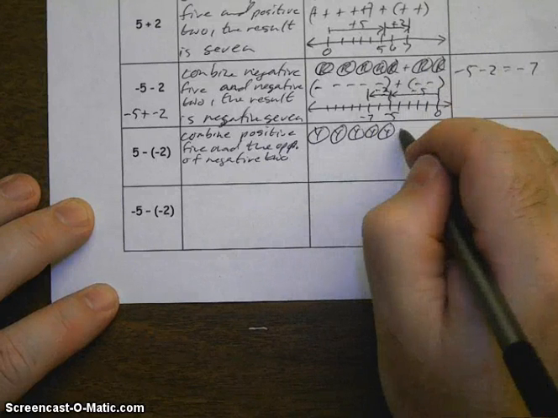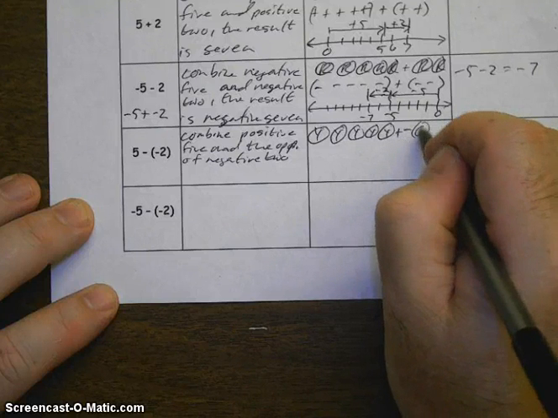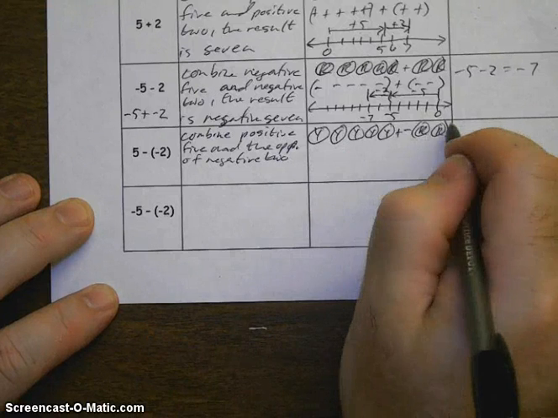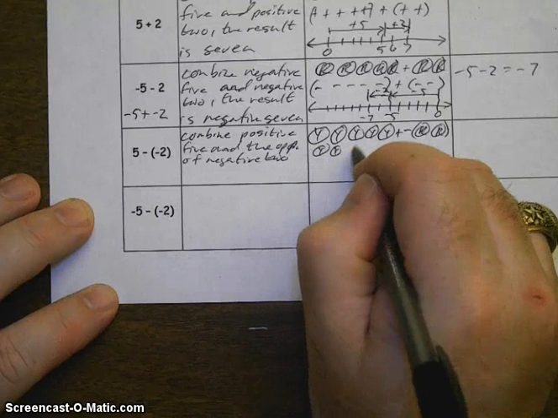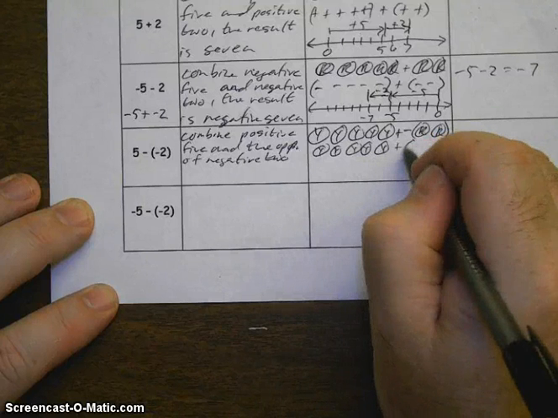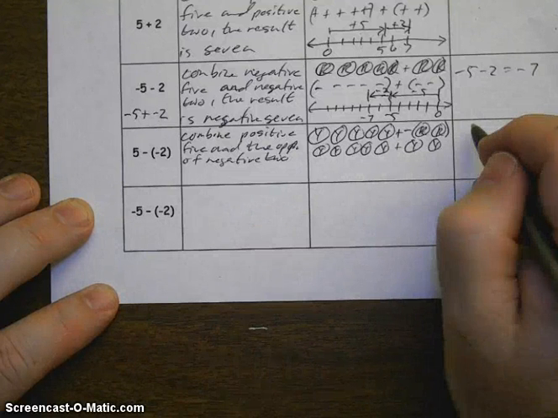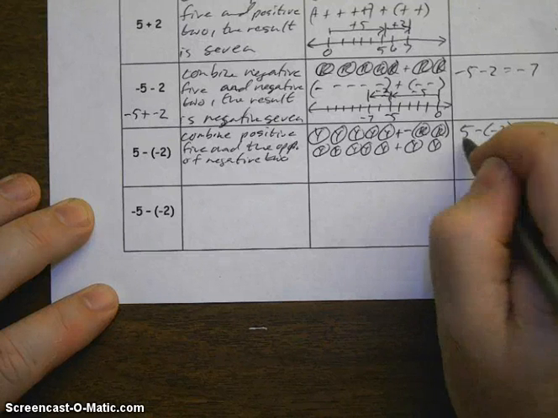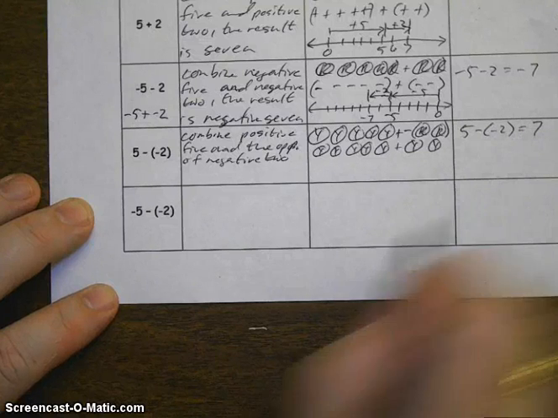And then add to that the opposite of 2 negatives, which is 2 positives, so we end up with 5 positives, and then 2 more positives. So we end up with a total of 7 positives. So 5 plus 2 is +7.